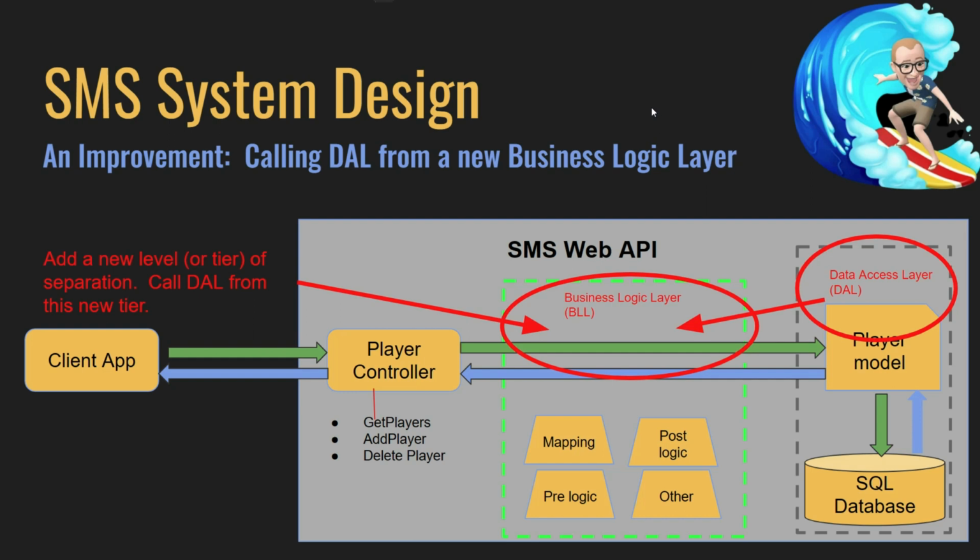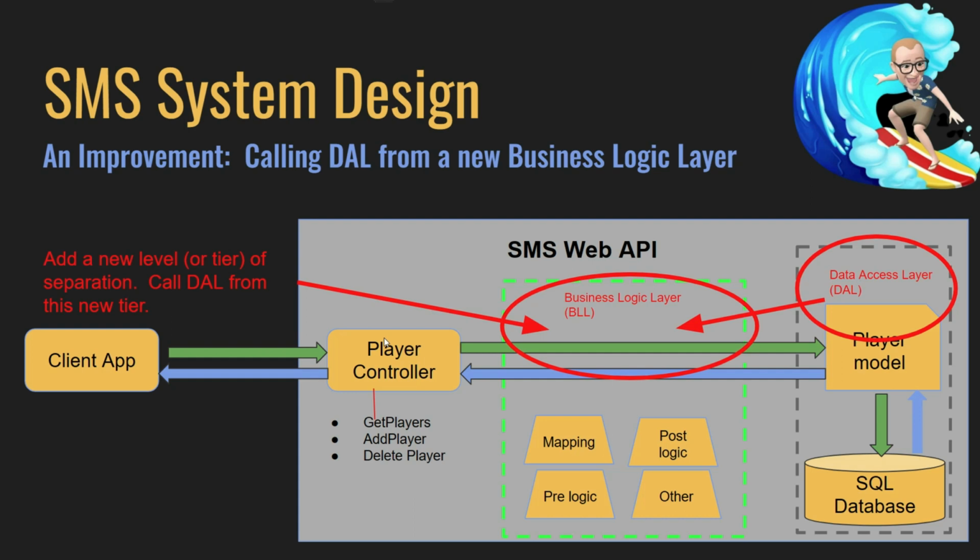So this is what our proposed new design will be after we finish this video, and the improvement is to add this new area that is in green called the business logic layer, or BLL. And once we have this in place, it will just be the BLL that will call the data access layer.